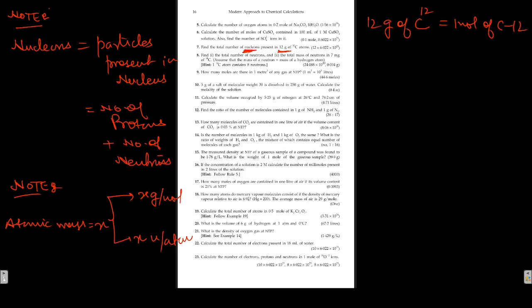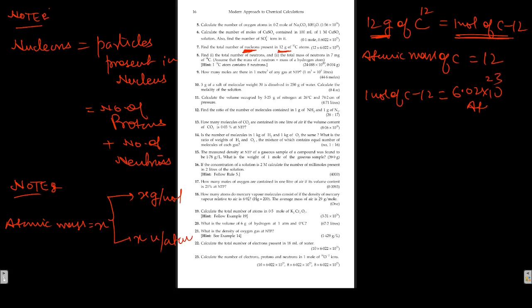So here 12 gram is given, and 12 is the atomic mass of carbon. So 12 gram of carbon is 1 mole of carbon 12, and 1 mole of carbon 12 is 6.02 into 10 to the power 23 atoms of carbon 12, because you know very well that 1 mole is equal to 6.02 into 10 to the power 23.